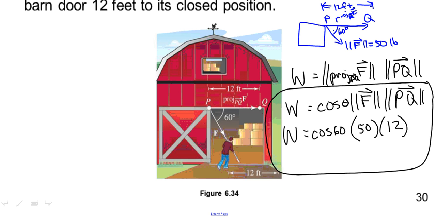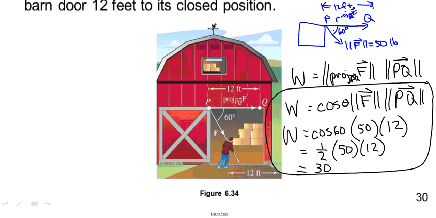So yes, it seems very complicated and a lot going on, but really it's going to be the cosine of the angle times the force times the distance as we go. What is the cosine of 60? I feel like that's a half, yeah. And just because they're easy to figure out, we'll do it. If it weren't 60, we would just use our calculator. Times 50 times 12.